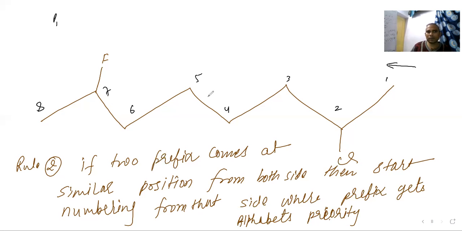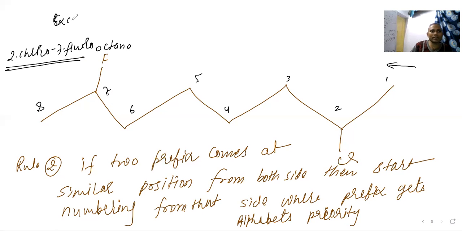So the prefixes are 2-chloro, 7-fluoro, and then octane: 2-chloro-7-fluorooctane. Very good, excellent. This is the correct answer you said. Did you understand this rule? Yes, sir. Okay, let us change this one.